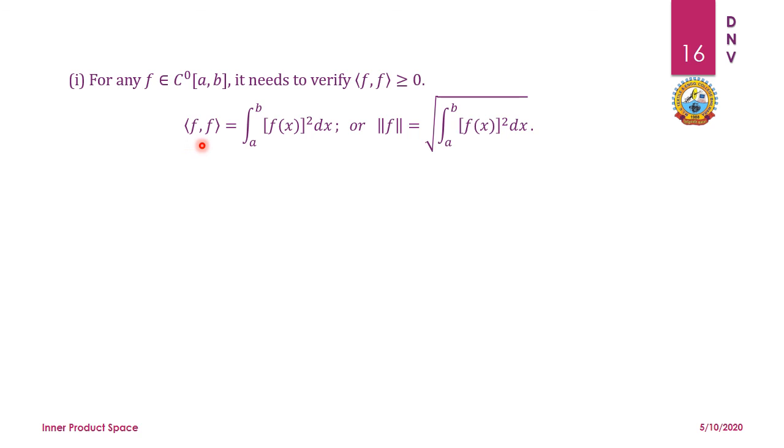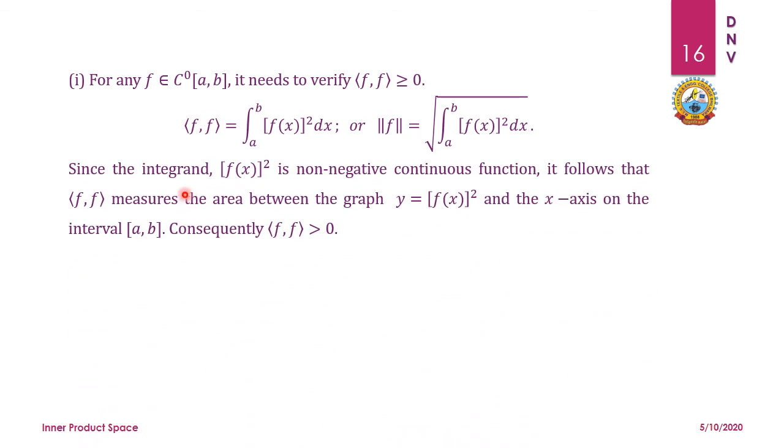If I use the definition of the mapping f, g and I replace g by f, then it becomes the integral from a to b of f(x) square dx, or we can say that the norm of f is the square root of this integral. Here you can observe that the integrand f(x) square is a non-negative continuous function.